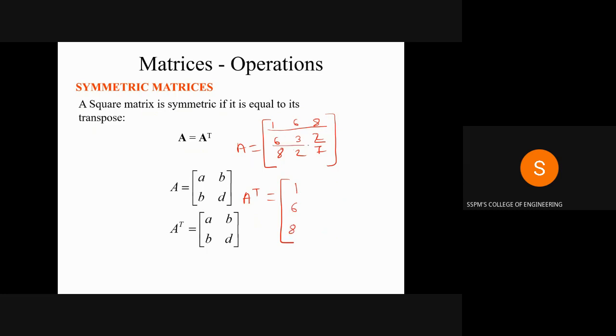Then the second row is written as the second column, that is 6, 3, and 2. And the last row is written as the last column, that is 8, 2, 7. So what can you say here? This A is equal to A transpose. Therefore, A is a symmetric matrix.